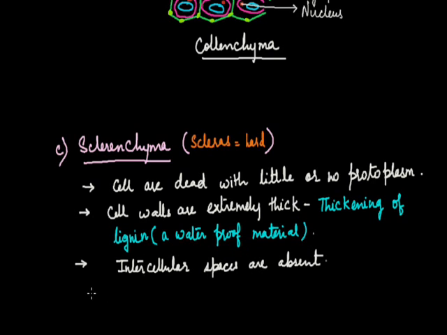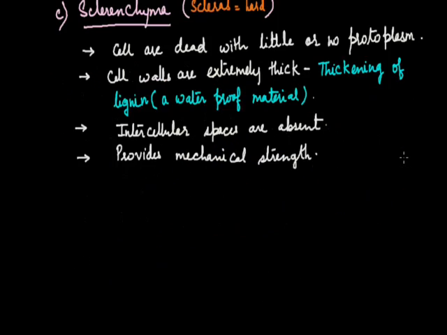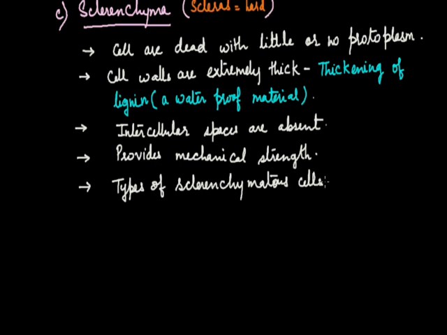The main function of sclerenchyma is to provide mechanical strength. Sclerenchymatous tissue is of two types. One type is called sclereids. Sclereids are small stone cells or grit cells having a small lumen and thick cell wall.